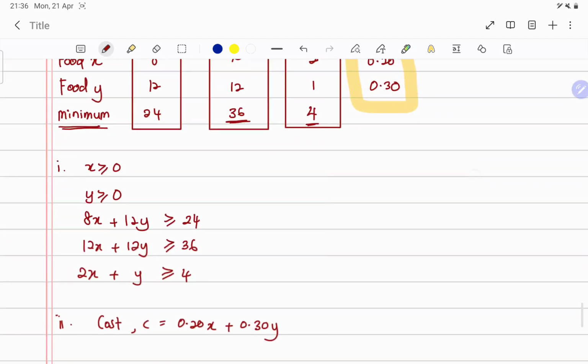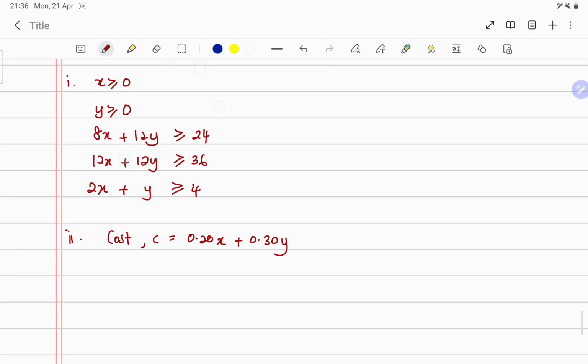Okay, so now we have these 5 constraints, right? So what you need to do first, in order to illustrate the constraints that we have from question 1: we have x greater than or equal to 0, right?